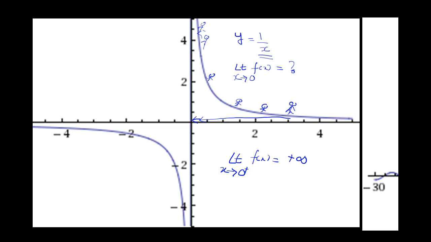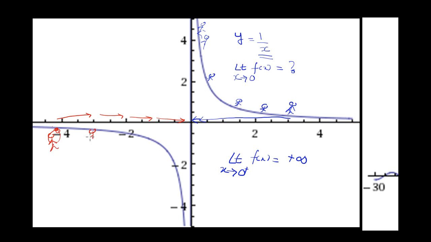Fine. Let's see what's happening on the left hand side. Initially let us position a person here. We have got a person here, hanging on to the graph of the function. We ask him to move, x is moving in this direction, closely approaching 0.